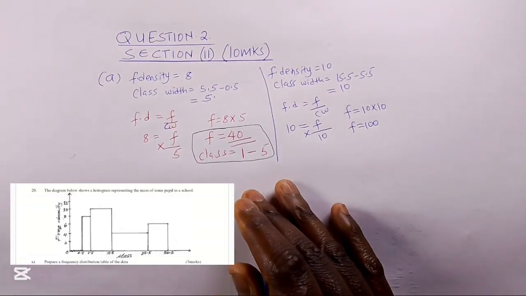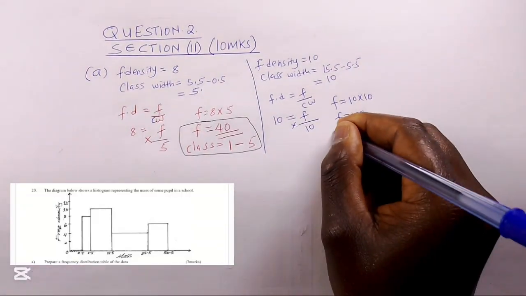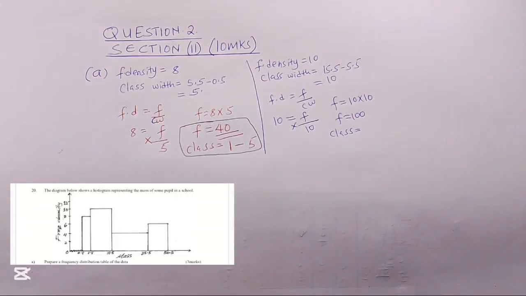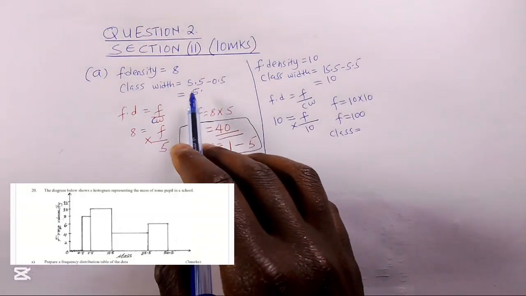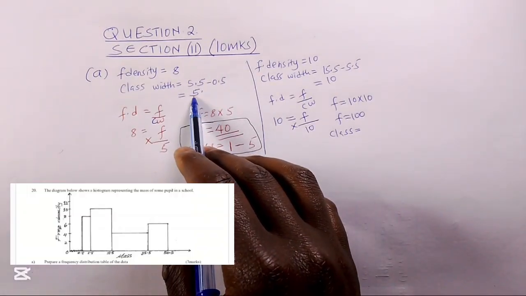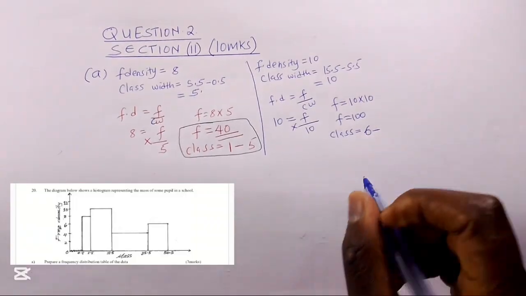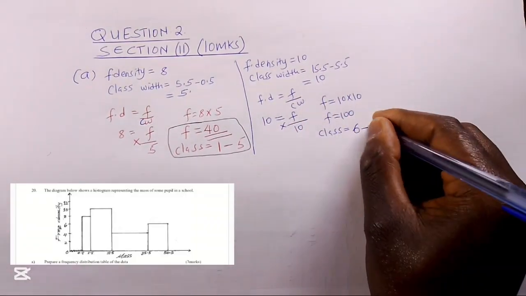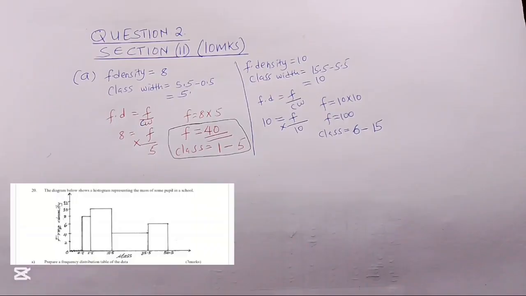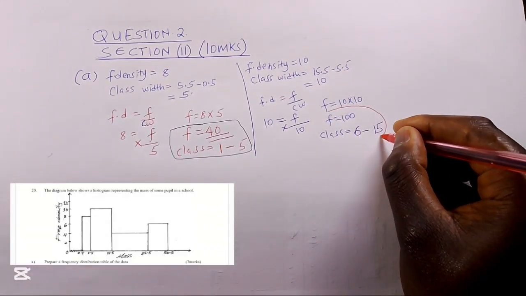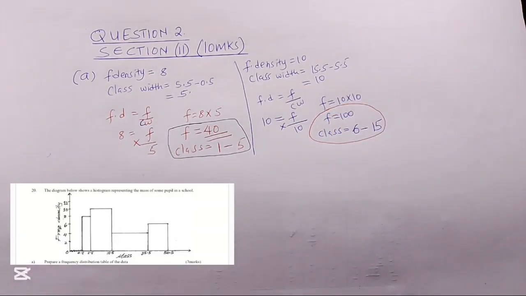So our frequency is equal to 100, and our class will be from 6, since 5.5 is the upper boundary of the previous class, so 5.5 is the lower boundary, to the upper of 15.5, which normally is 15. Our frequency will be equal to 100 and our class will be 6 to 15.